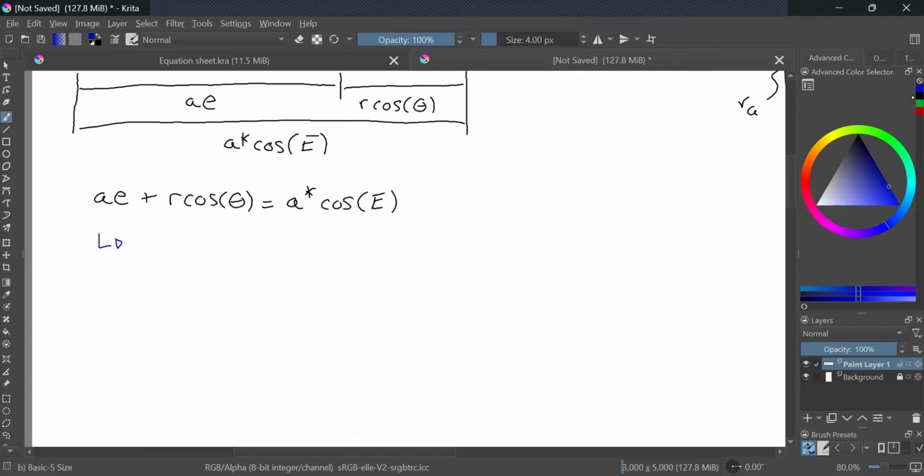So, let's take a moment to have a side note in here. I do not like having a trig term for theta and a trig term for E. I want to have just one of those angles, if it's at all possible. We're going to do this in a bit of a roundabout way.